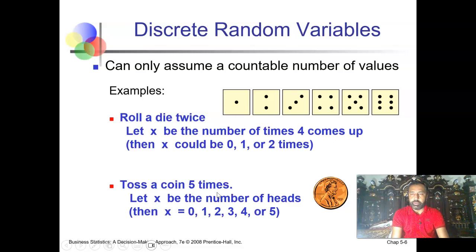If we toss a coin 5 times and x is the number of heads, the possible outcomes are that we may get 0 head, 1 head, 2 heads, 3 heads, 4 heads, or we may get head all the 5 times.